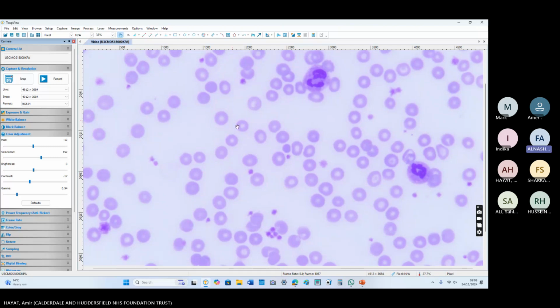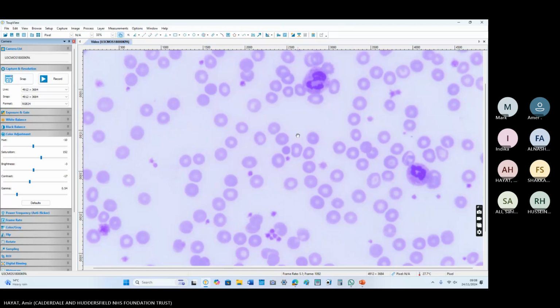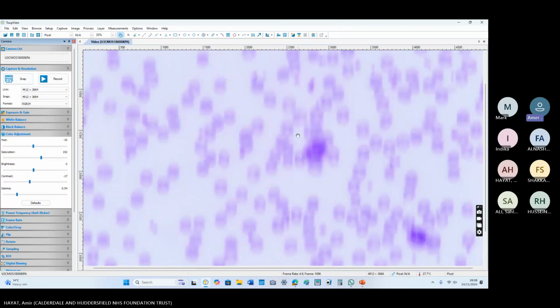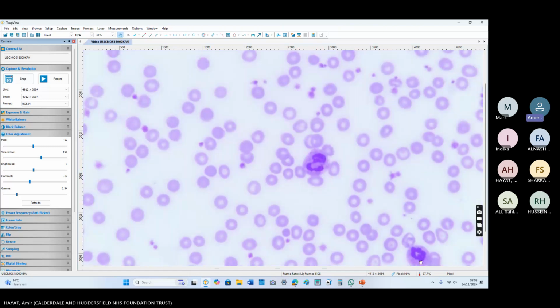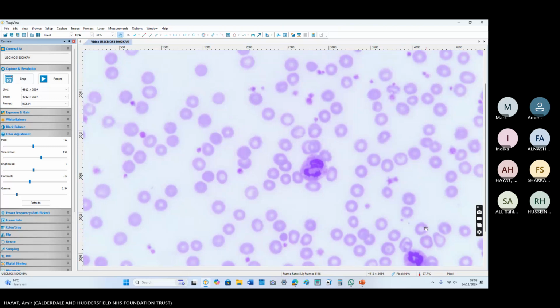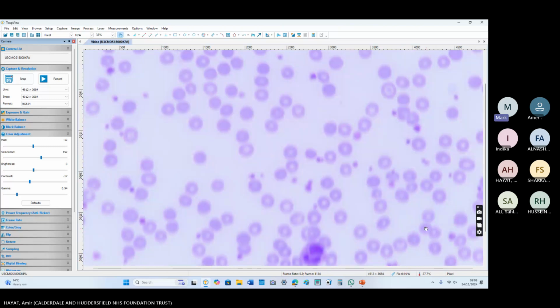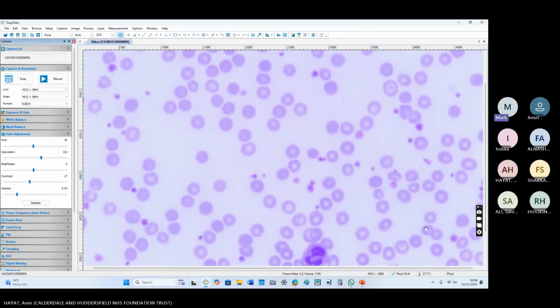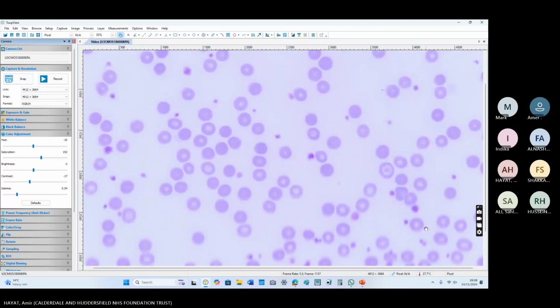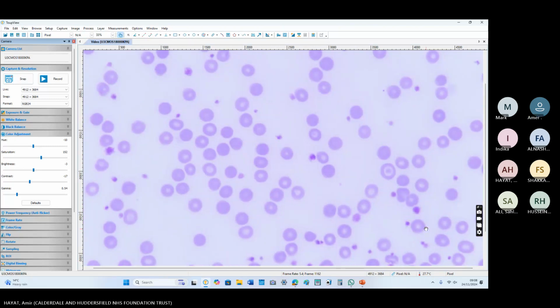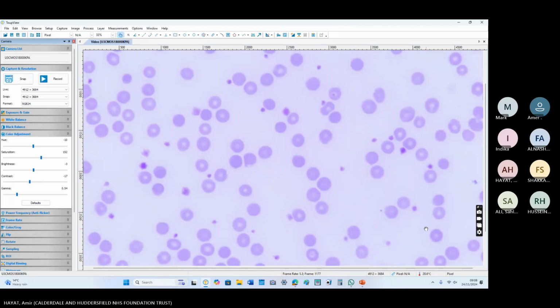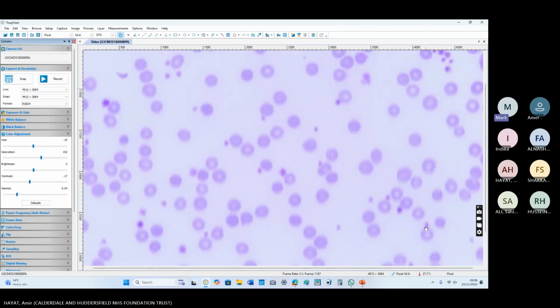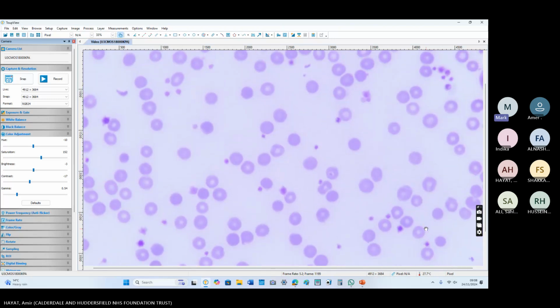I think the neutrophils are showing toxic granulation also. Yes, there is granulation in the neutrophil. It's not a typical toxic granulation, no. Anisocytosis, so that goes with the anemia.